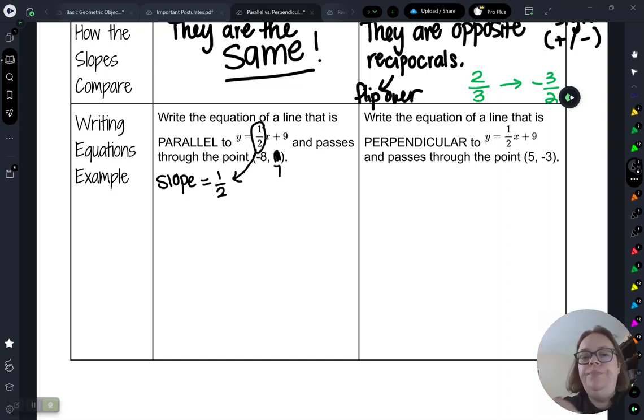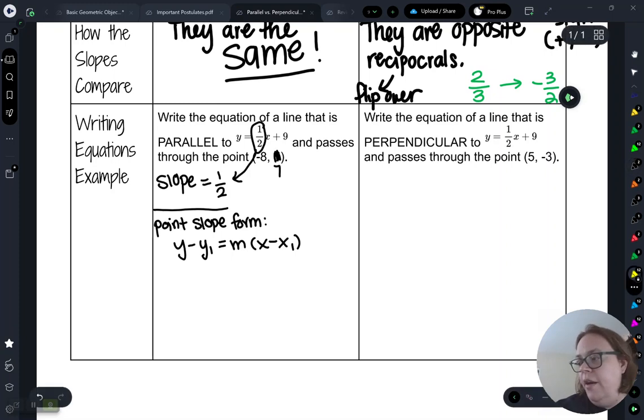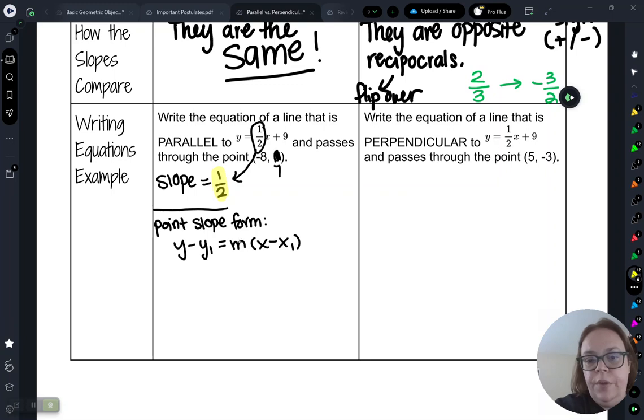Okay. Now, one way to figure out the rest of the equation is to use the point-slope form. The point-slope form, or sometimes called the point-slope formula, because it's kind of like a formula, is the one that goes y minus y1 equals m times x minus x1. And we're going to substitute in there the slope, which is m, right here.